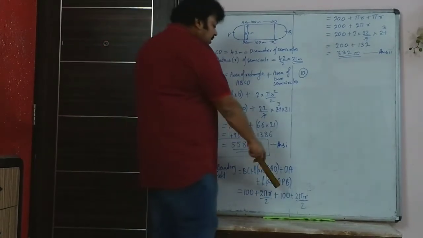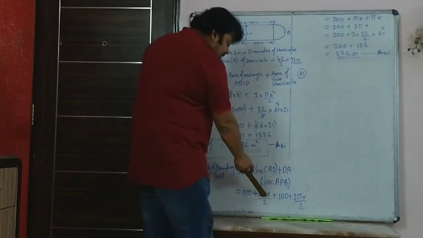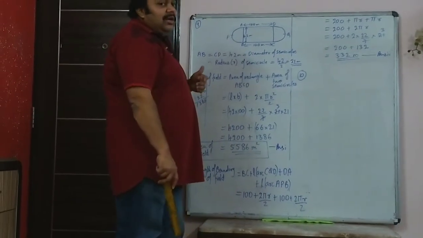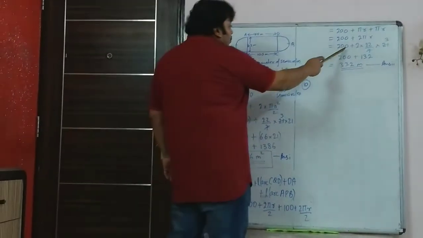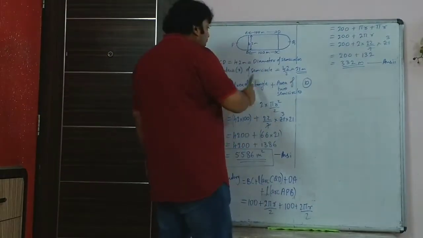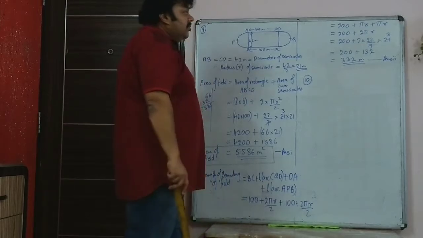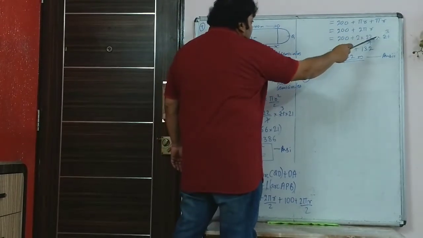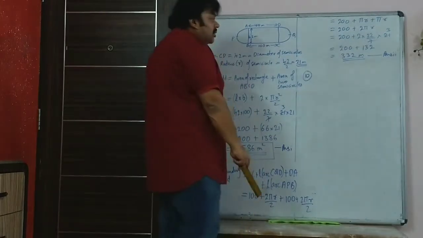So 100 plus 100, 200, plus this is pi r and that is also pi r. So pi r plus pi r is 2 pi r. So 200, 2 times pi is 22 by 7 and r is 21. So when you do the calculation, it is 200 plus 66 into 2 is 132.